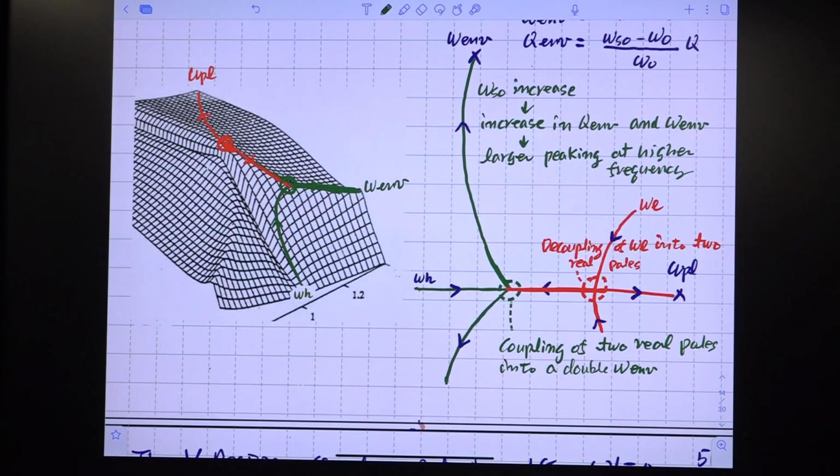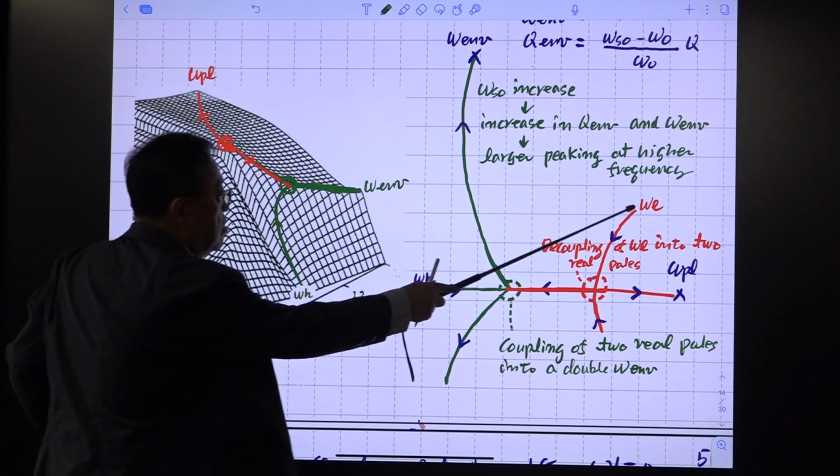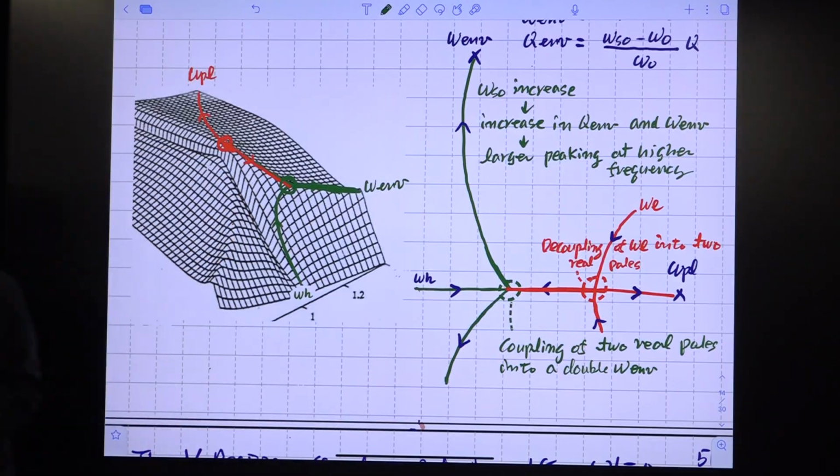Okay. So it started out at this omega L, at low frequencies. So let me mark X. Usually the starting point was X, right?